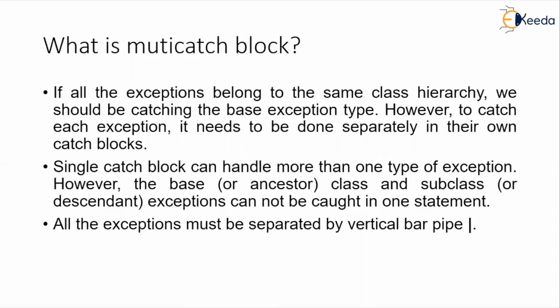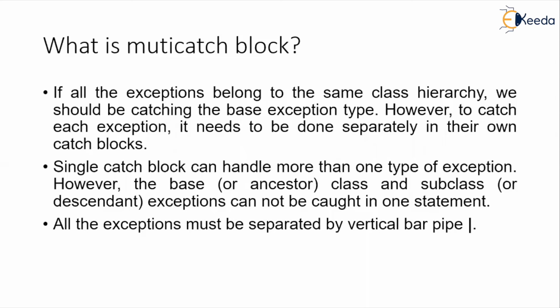Means what? Whenever I need to handle multiple exceptions, we end up writing multiple catch blocks. Now, what all things are there when we are writing multiple catch blocks? First thing is, your business logic is less and your exception handling code is more.